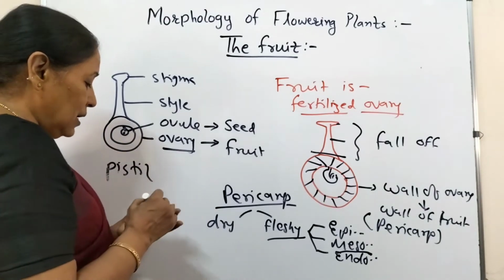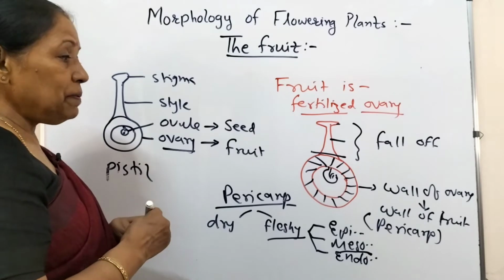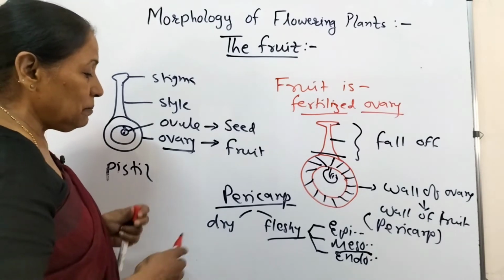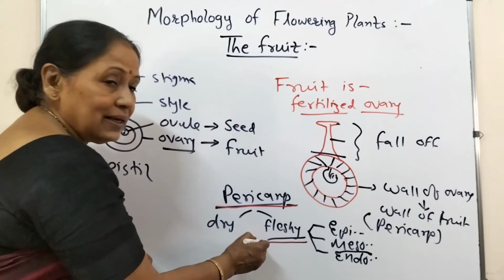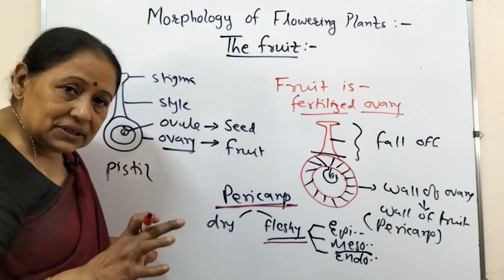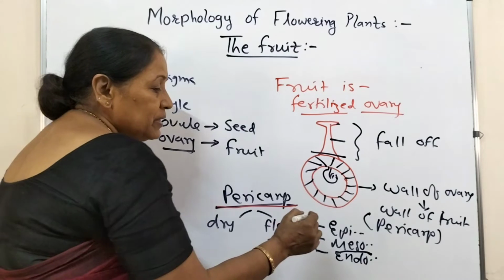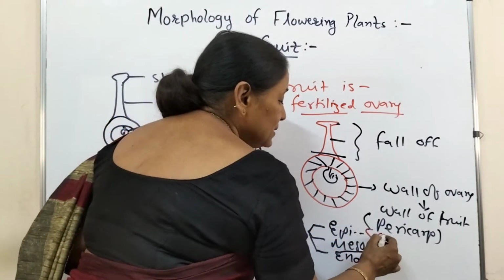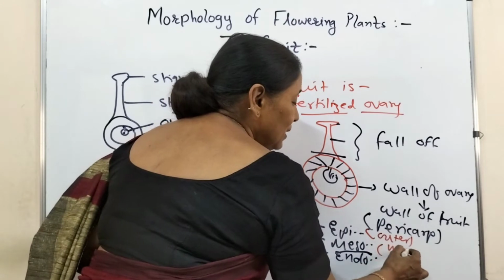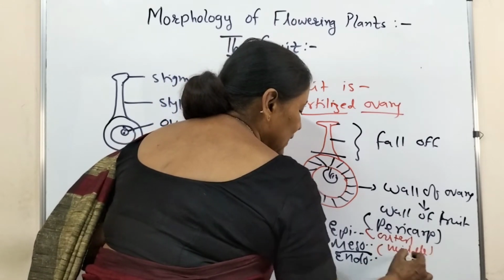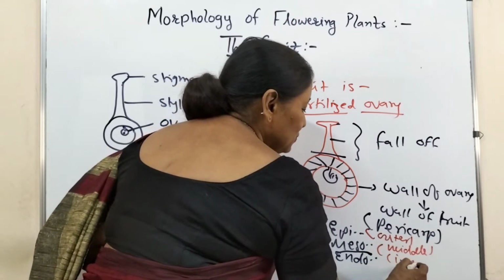So what you have seen about pericarp is that pericarp is the wall of the fruit, and when it is fleshy, it can be differentiated into three parts: the epicarp, the outermost; the mesocarp, the middle one; and the endocarp, the innermost.